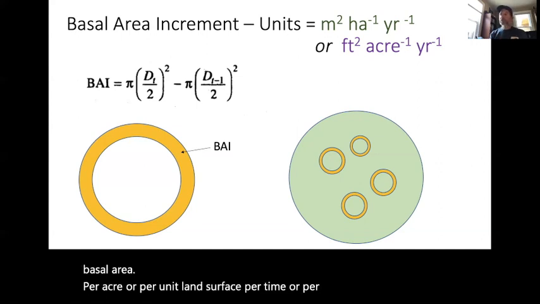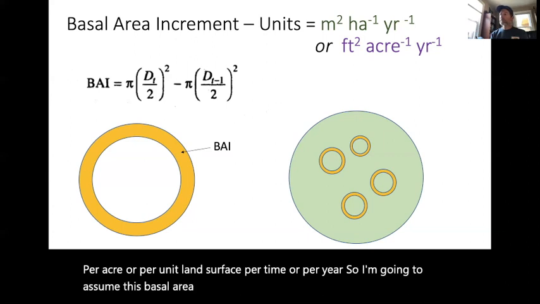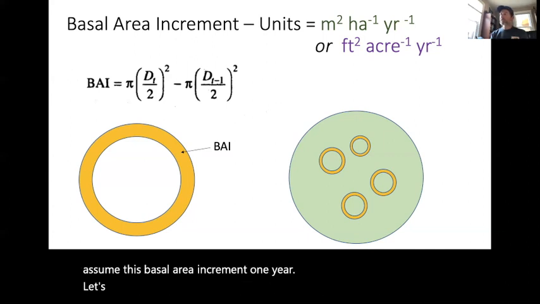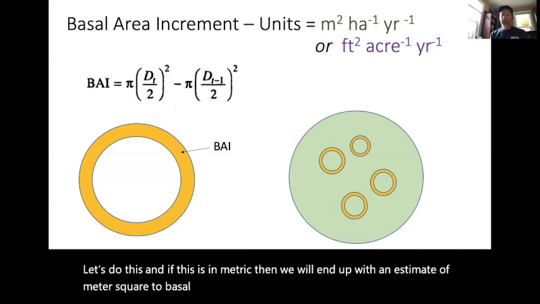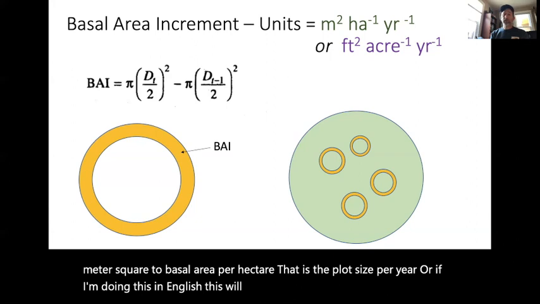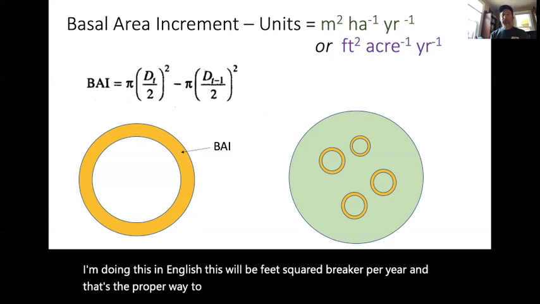So I'm going to assume this basal area increment is 1 year. If this is in metric, then we will end up with an estimate of meters squared of basal area per hectare per year, or if I'm doing this in English, this will be feet squared per acre per year. And that's the proper way to report and compare basal area increment.